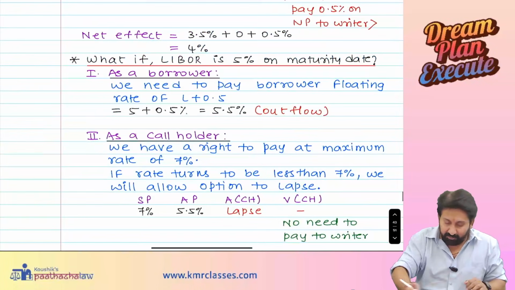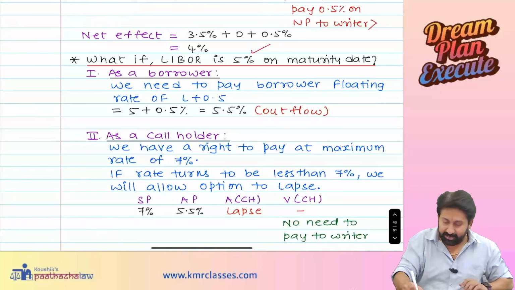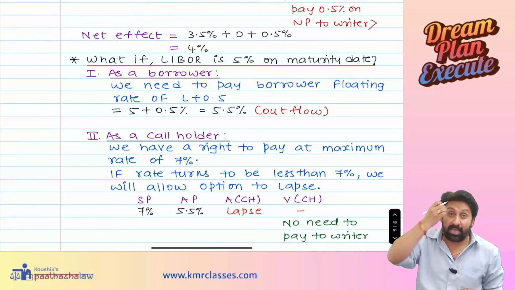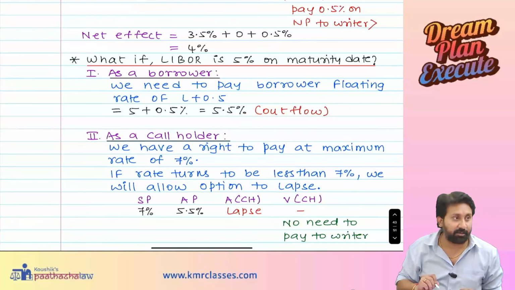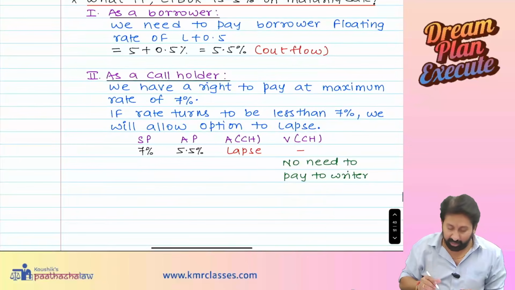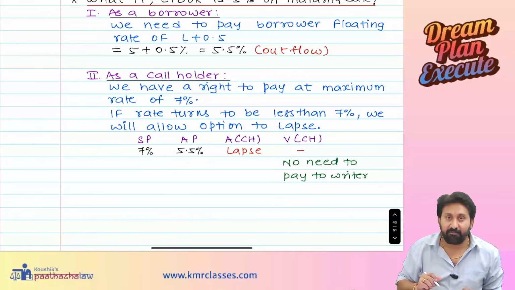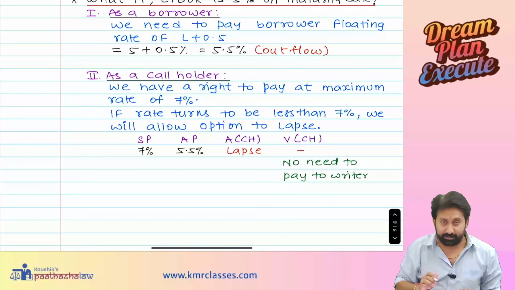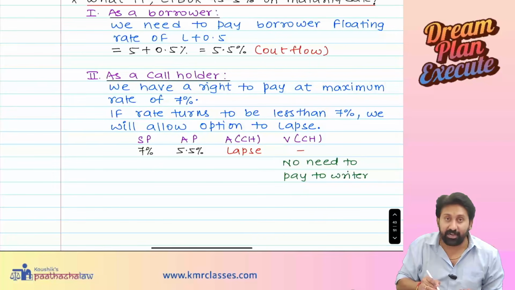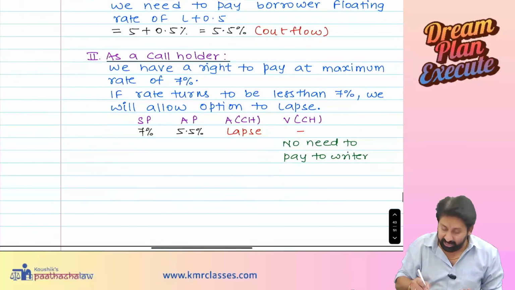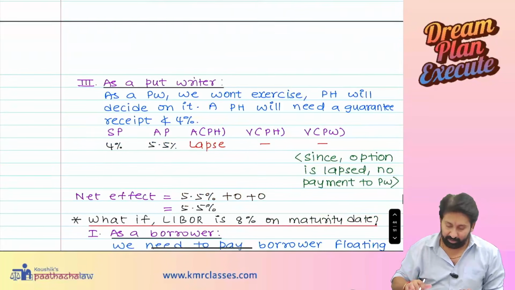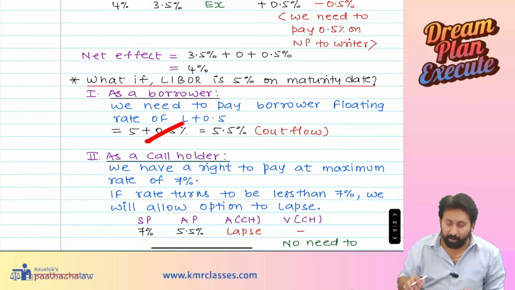Next, if LIBOR is 5%, as a borrower, your borrowing rate is 5.5. As a call holder, SP 7, AP 5.5, you will lapse. Why will you lapse? You have a right to buy at 7, which you can buy only at 5.5 in the market. You will lapse.